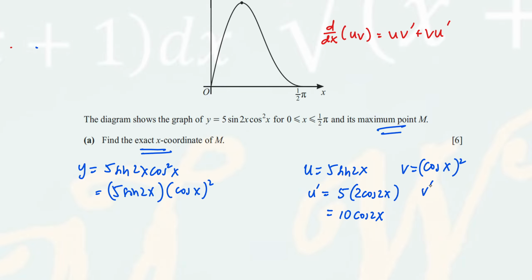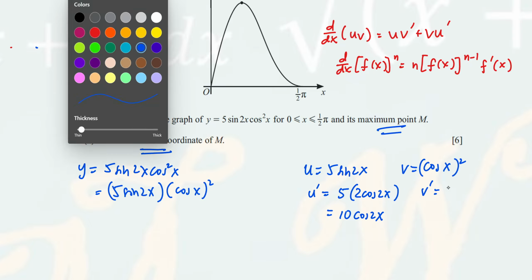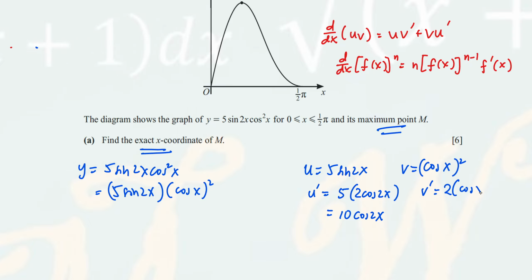For the v, when you differentiate, we need to apply this formula. Differentiate f(x) to the power n, the power rule, it will be n f(x) to the power n minus 1, times f prime x. Which means now here, I bring down the power 2, remain cos x, the power becomes 1, 2 minus 1 is 1. Differentiate cos x is minus sin x.